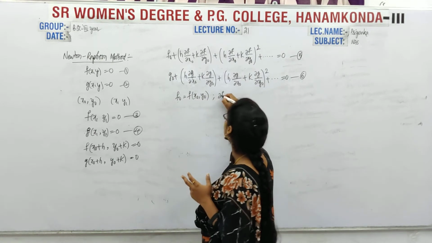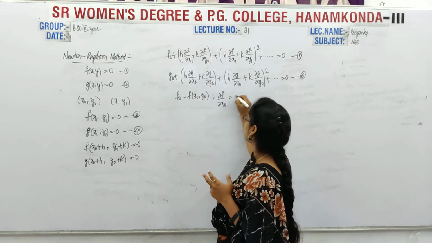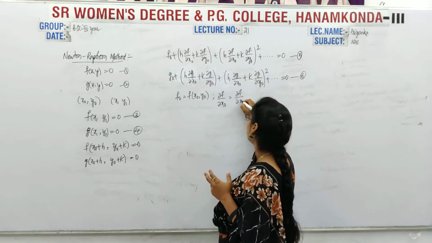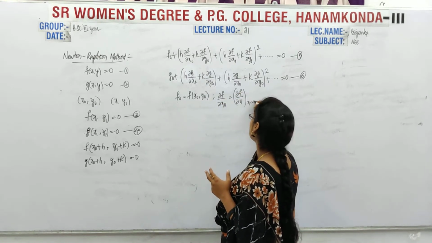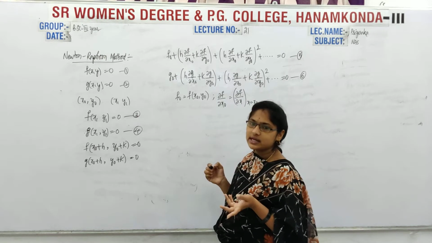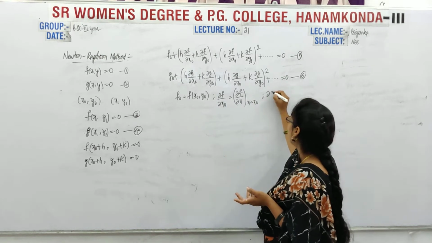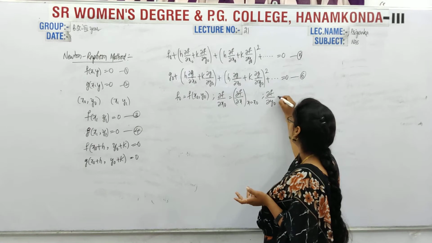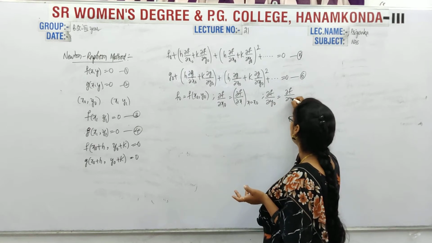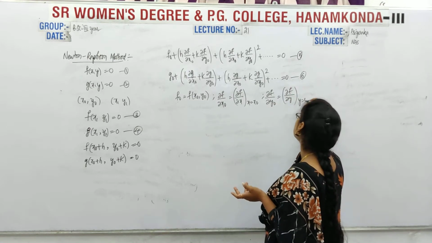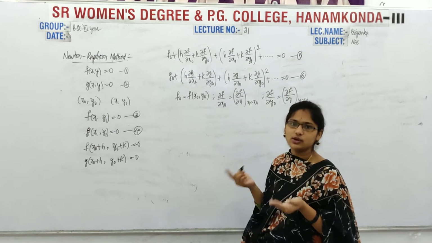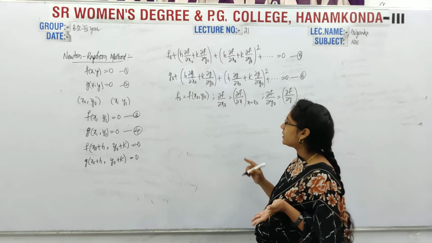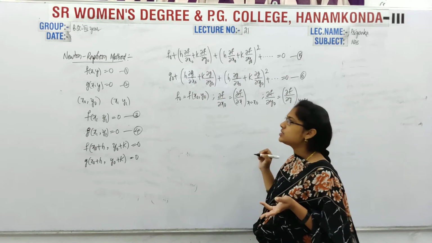Dou f by dou x naught is nothing but dou f by dou x, but here x is equal to x naught. Similarly, dou f by dou y naught equals dou f by dou y. Simple thing, just take y equal to y naught, x equal to x naught. Then we will get all these values.